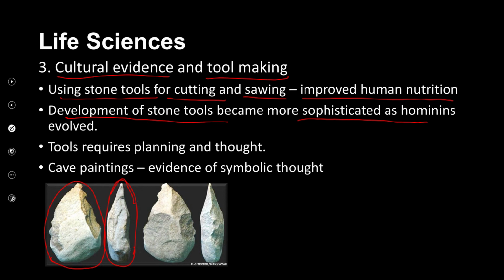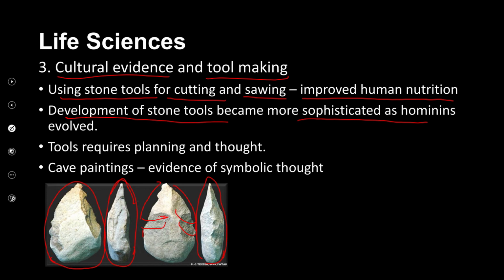This one is almost like an arrow shape, and it has been flattened out on these surfaces to make very sharp edges as well as a nice sharp point. And this one too is even smaller and possibly easier to handle, easier to hold.